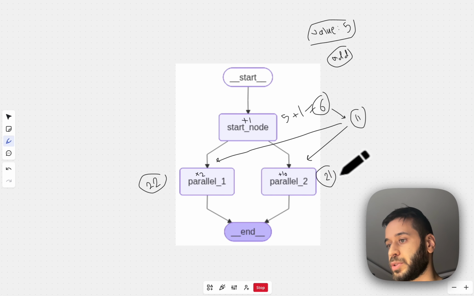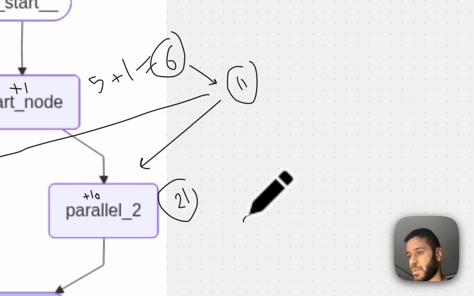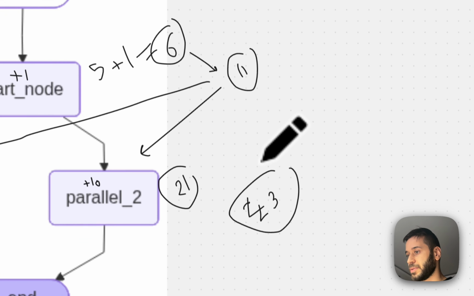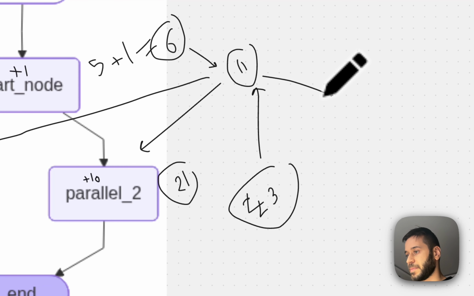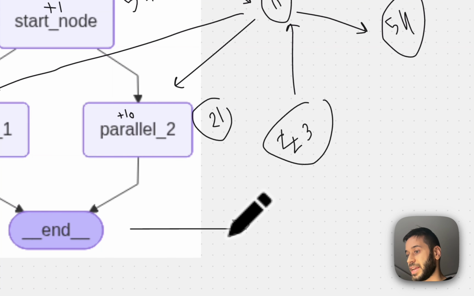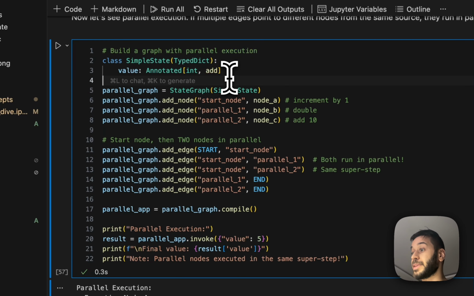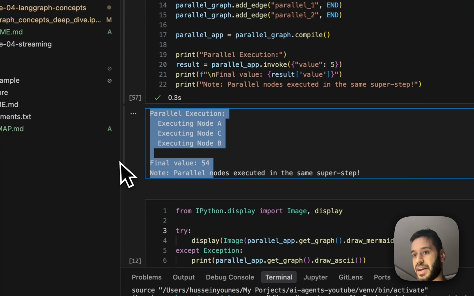So 21 plus 22 is going to be 43. And 43 plus the previous value is going to be 54. So the final value after the end of the graph execution will be 54. This is how LangGraph works. As we can see here, we have the implementation of this graph and the final value is 54.